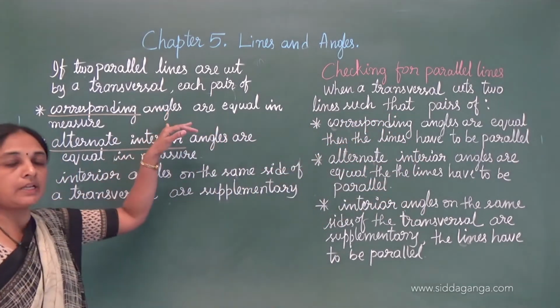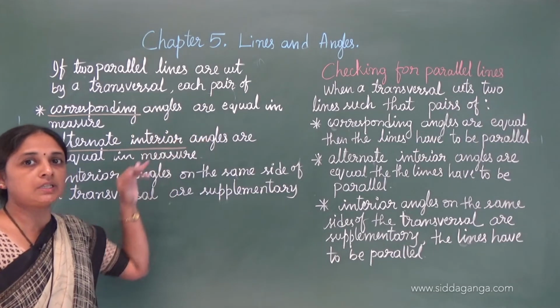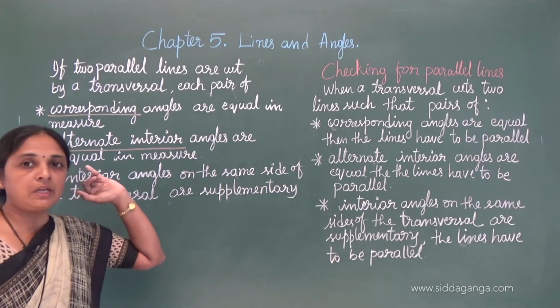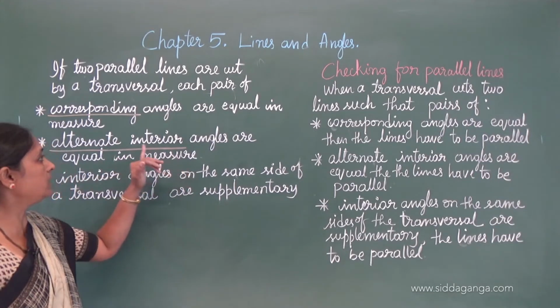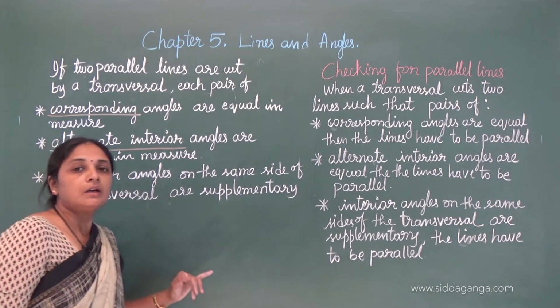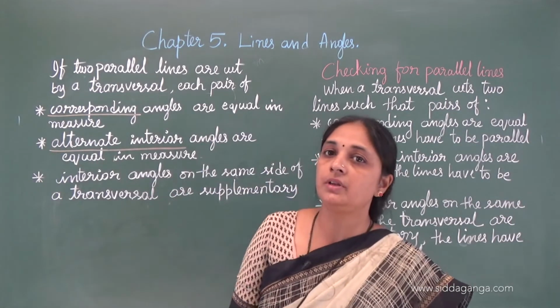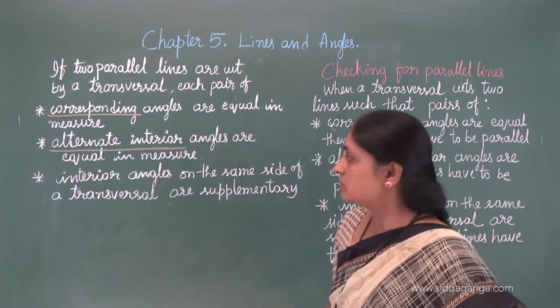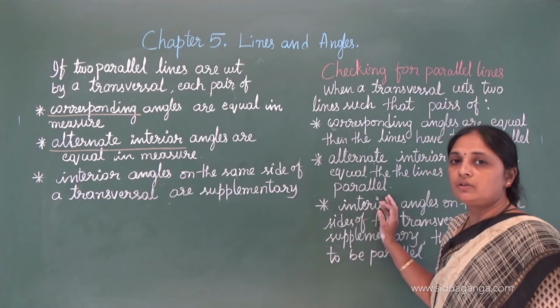Here when two lines are cut by a transversal, this must be there. Corresponding angles must be equal. Alternate interior angles are equal, and interior angles which are present at the same side of the transversal make supplementary. Okay. So these statements are very important for you.